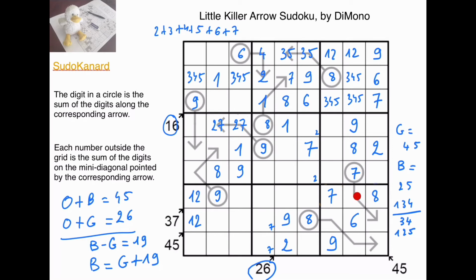Well, 1 wouldn't go here because we would need a 6. 1 will be on this 8. Two is in one of those. Doesn't seem to be very helpful. So, is it about the 45 clue?